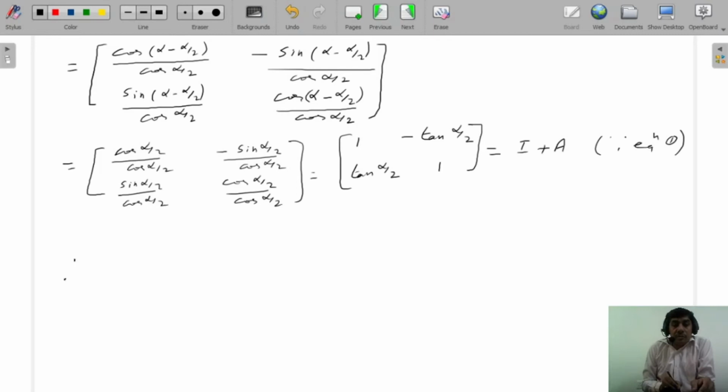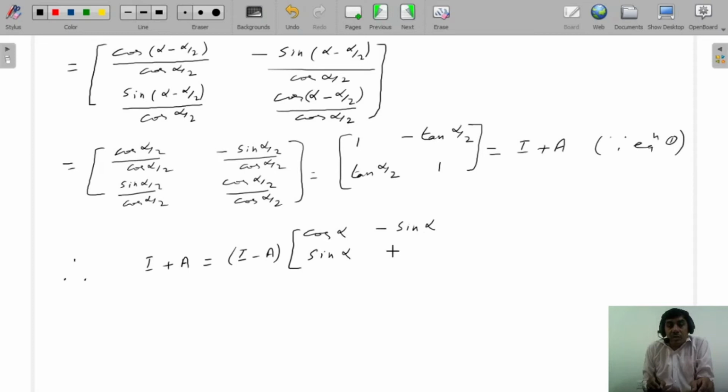Therefore, I plus A is equal to I minus A into [cos alpha, minus sin alpha; sin alpha, cos alpha].